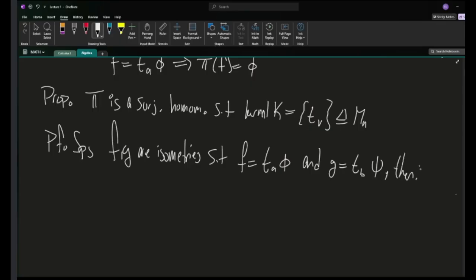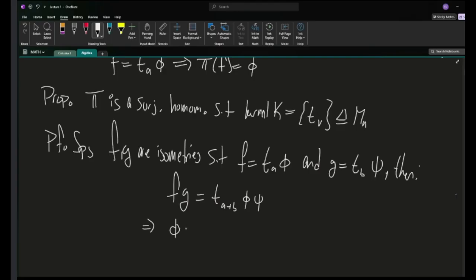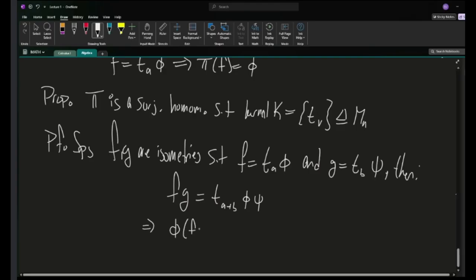Then F G is equal to T, the translation of A plus B, of phi and psi. Oh, I think I made a mistake.